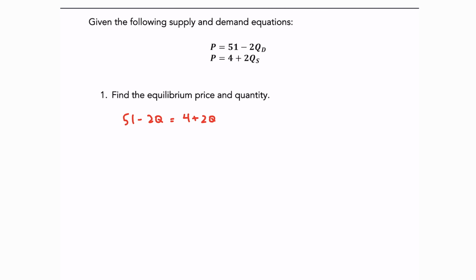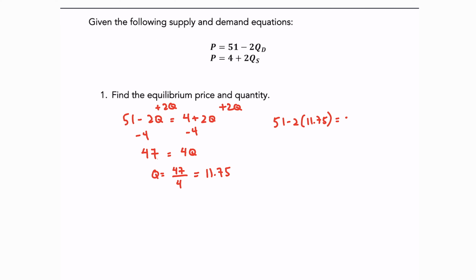So now do the algebra. You'd get a quantity of 11.75, and then if you plug that back into either one, I plugged it into demand, you would get an equilibrium price of 27.5.